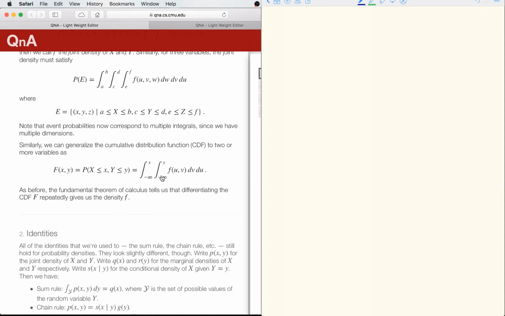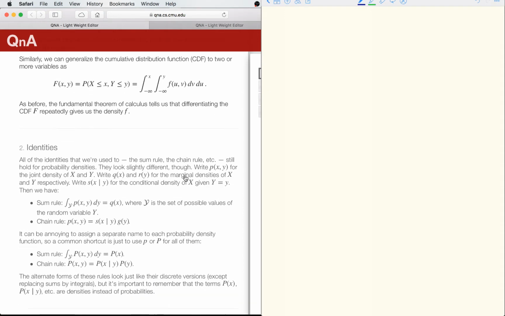Because this is an event, if you integrate the density over it, you get the cumulative distribution function. And the other way is true too. Because of the fundamental theorem of calculus, if you differentiate the CDF with respect to x and then with respect to y, or the other order, as long as everything is nice, you get the density. So just as before, density is the derivative of probability.